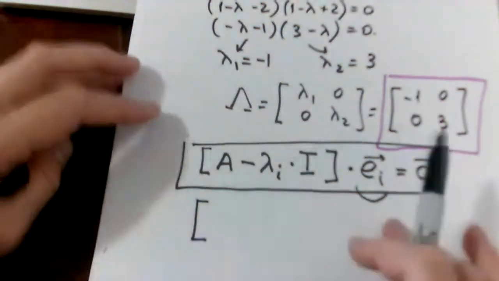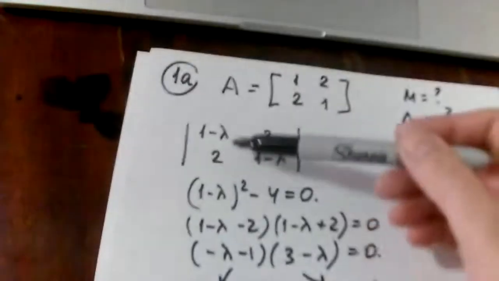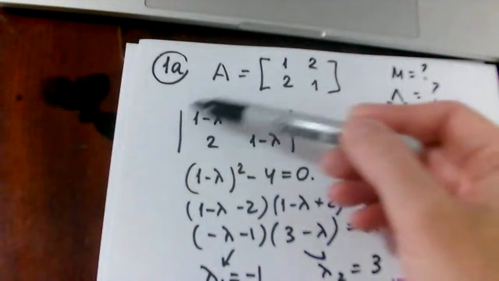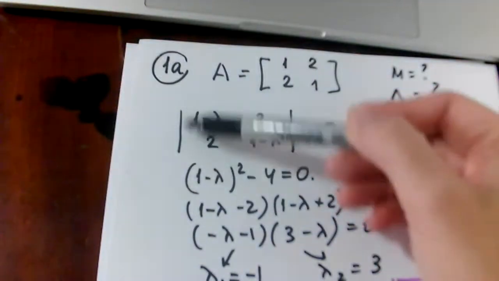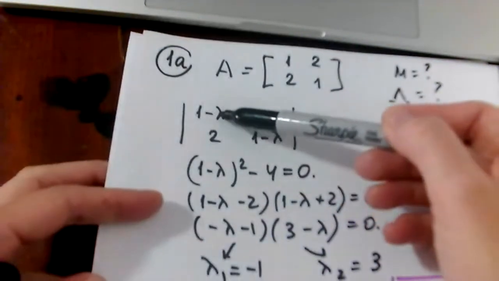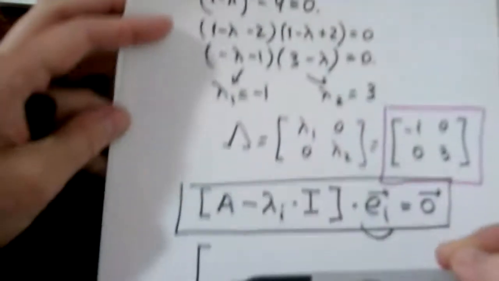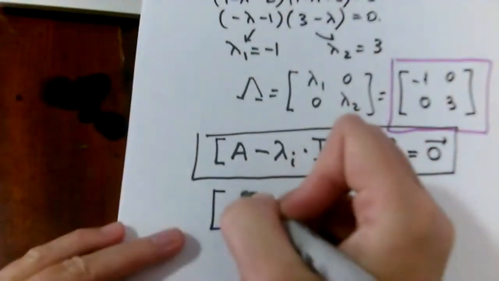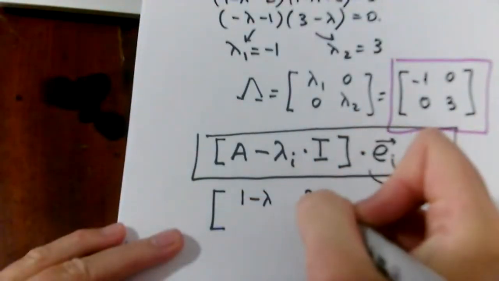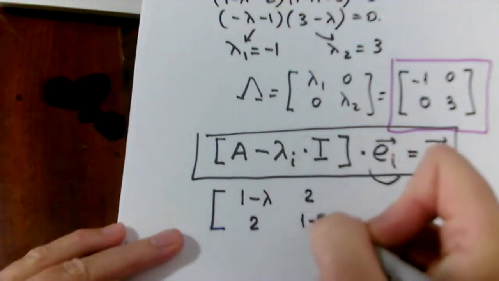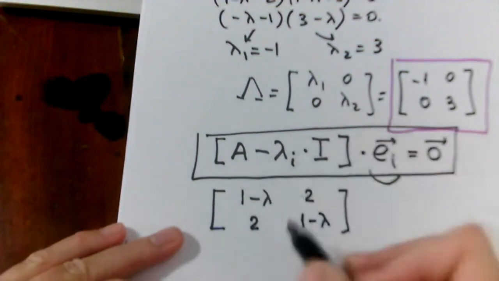What does it actually mean, what kind of idea is hiding behind this notation? It means that we just subtract lambda from each diagonal element. And we did it before. Look at this. This is the matrix which we need. So I can just copy this matrix here. Unfortunately, I can't put them both on the screen, so you need to believe me that I'm copying it correctly. So this is the matrix which should be here.